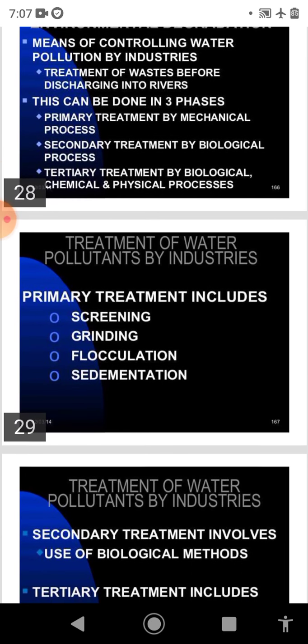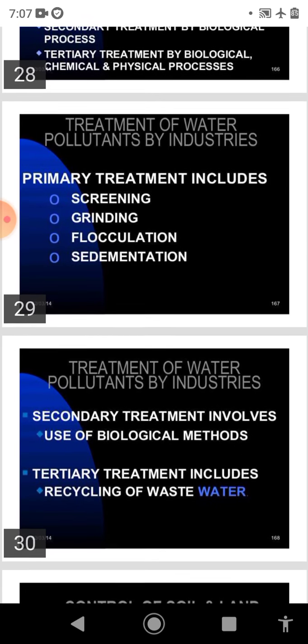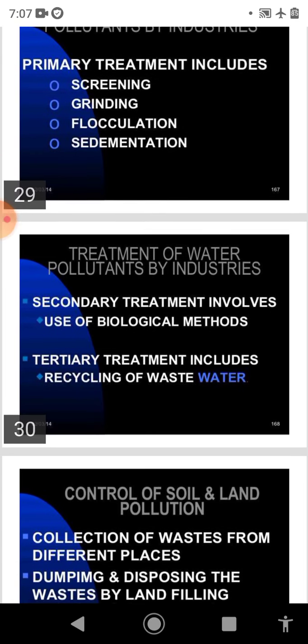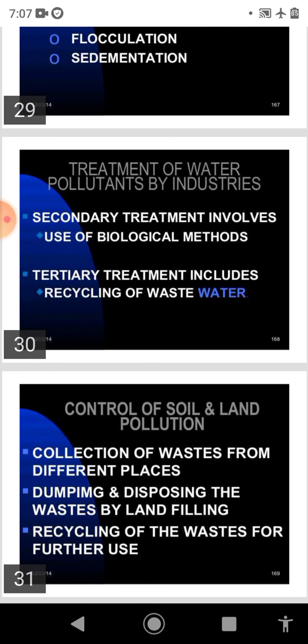Control of air pollution. Air pollution can be checked by reducing particulate matter.